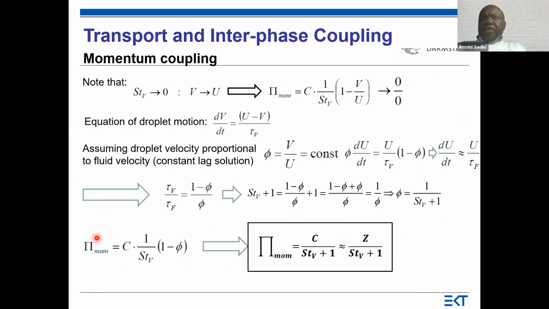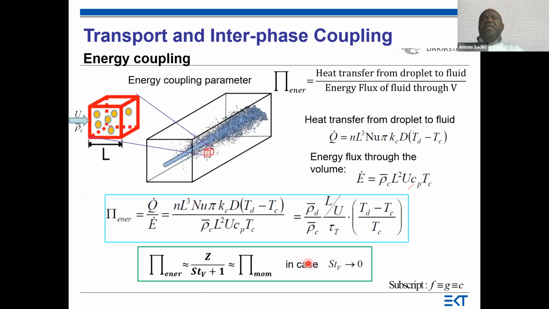And there we get now this not as a function of the Stokes number of the energy coupling, but as a function of the momentum coupling here. So the dynamic Stokes number, we can say, is equal to what we obtained before.